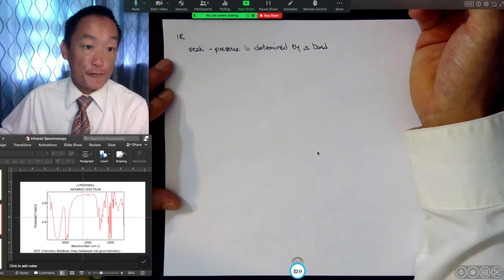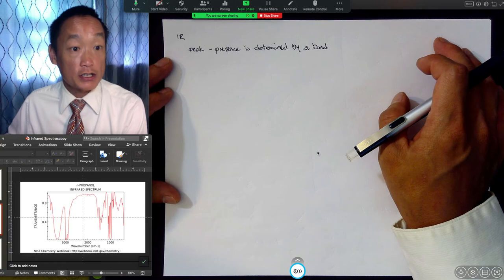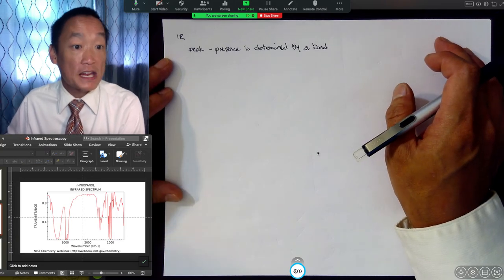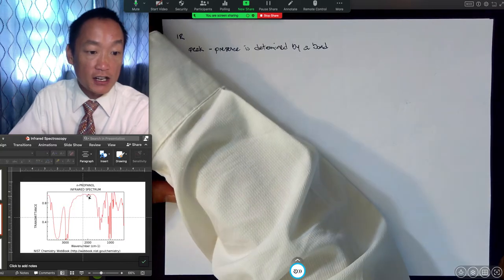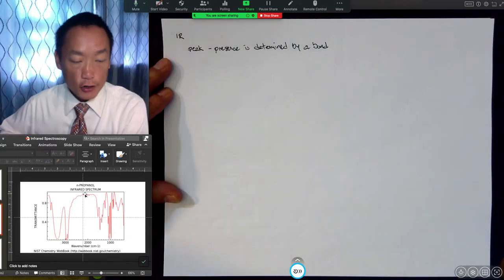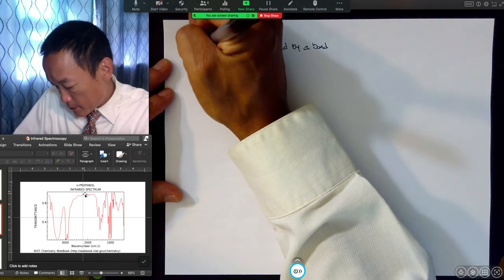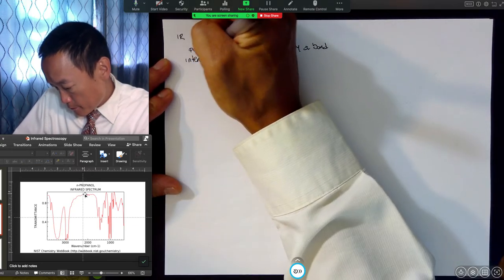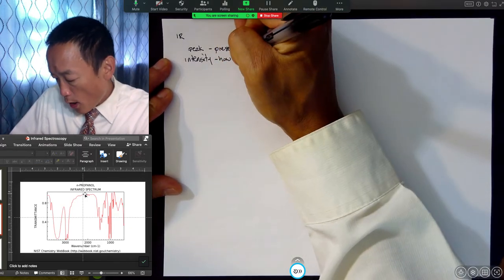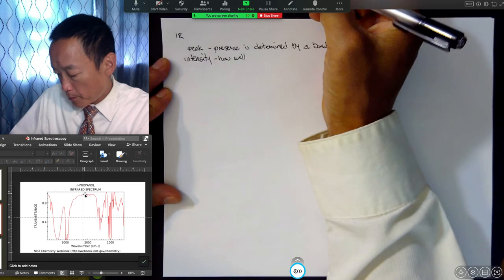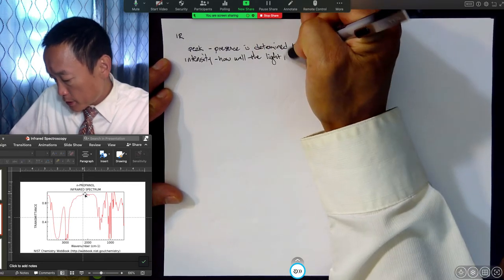Okay, if the bond at the correct energy does not exist, it will not display a peak in the spectrum. And so we're looking at, when you're looking at propanol, this region right in here. All right, its intensity is determined by how well the light is absorbed.